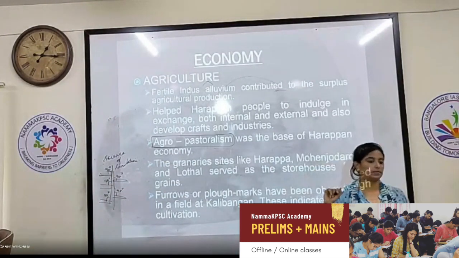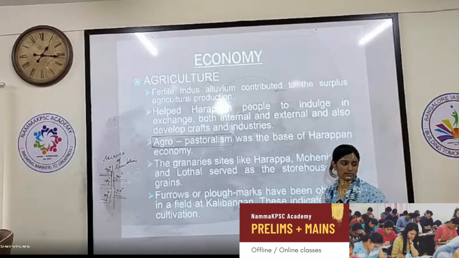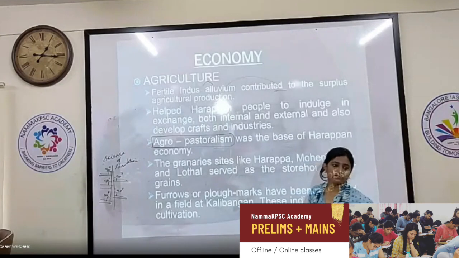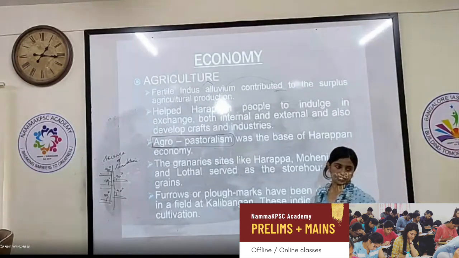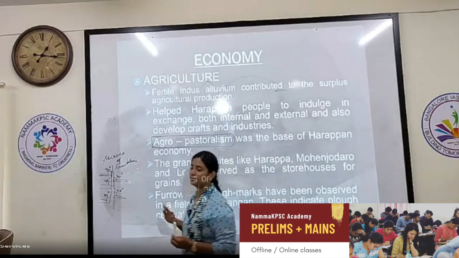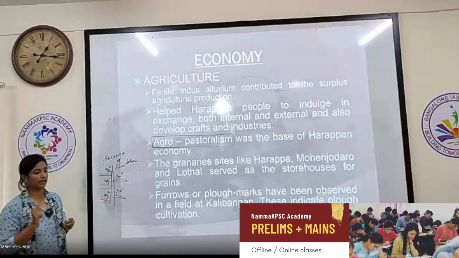So that led to surplus production because they constantly had an inflow of fresh alluvium. Alluvium is believed to be very rich in organic content, so it is very helpful for agriculture. Their agriculture was very prosperous, more than their demand.